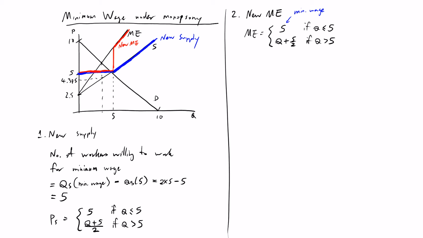Okay, now we have the marginal expenditure. Now it's a matter of finding the intersection between demand and marginal expenditure. So now it's this one. In our case, it's actually relatively easy because you can see where the intersection is.